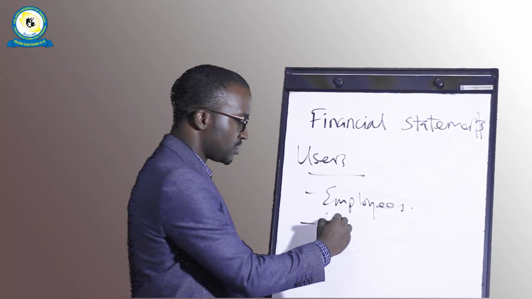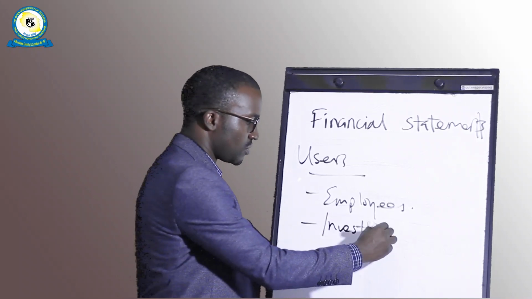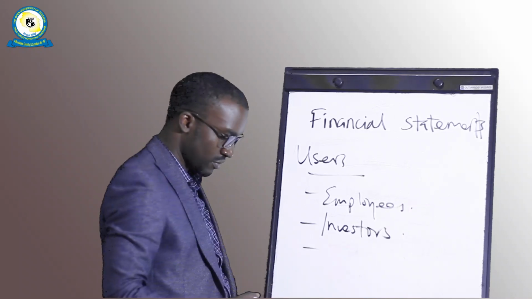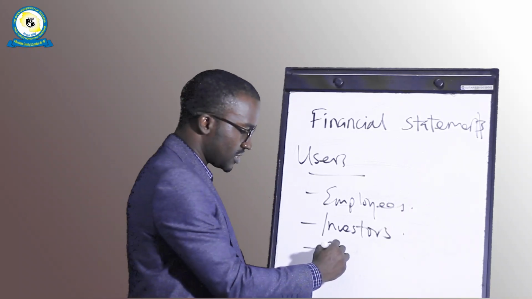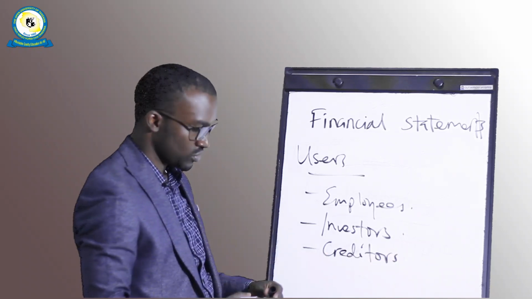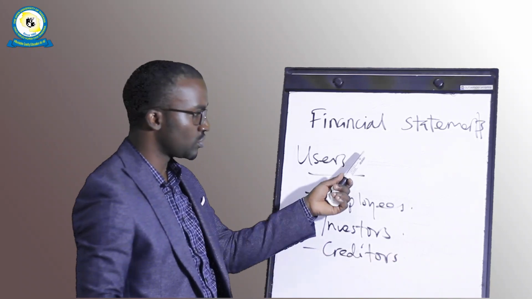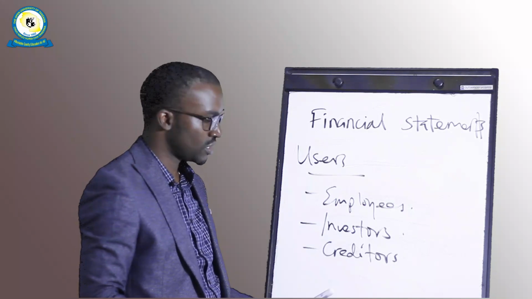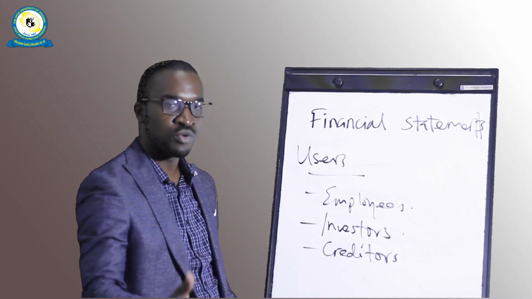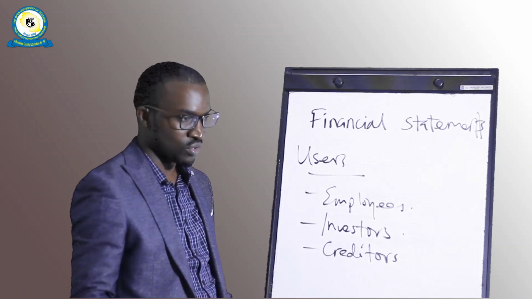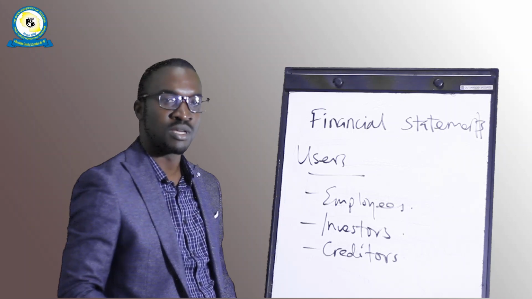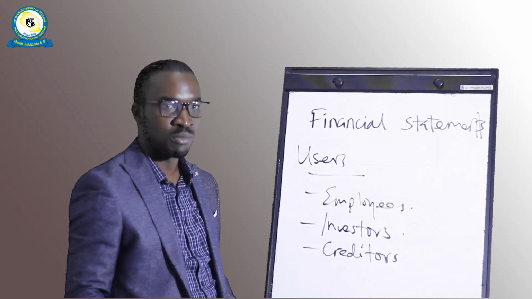Again, I've just mentioned the investors or the owners, this being an external one, and employees, an internal one. But we have a number of users. We even have creditors. Creditors will want to see the creditworthiness of your company, so that they can decide whether to continue supplying you goods on credit or not, or, if you're indebted to them, whether you will be able to pay them.